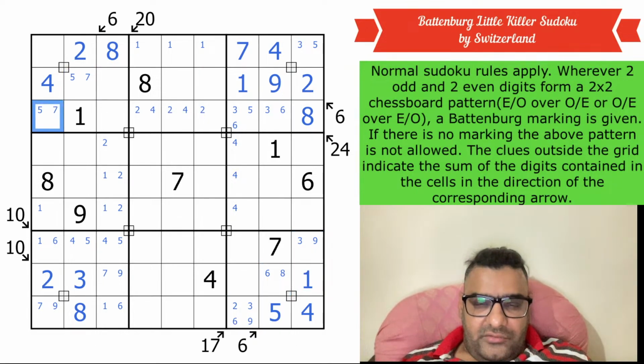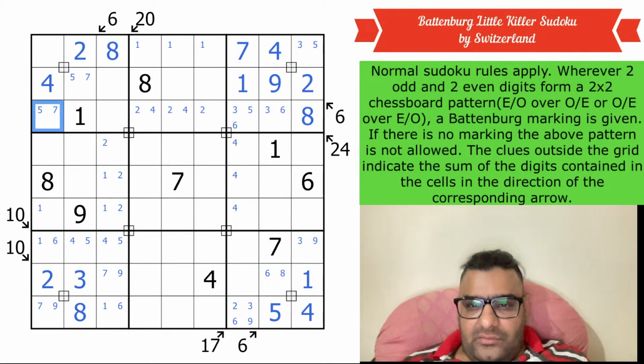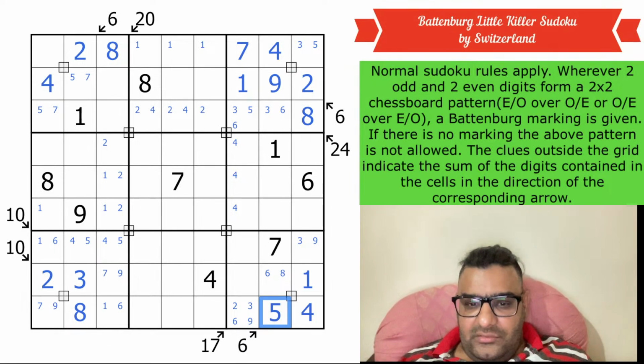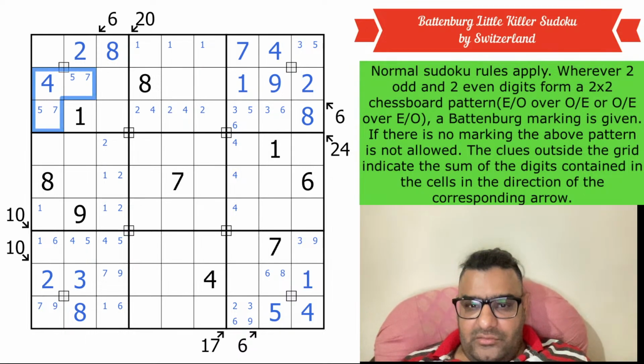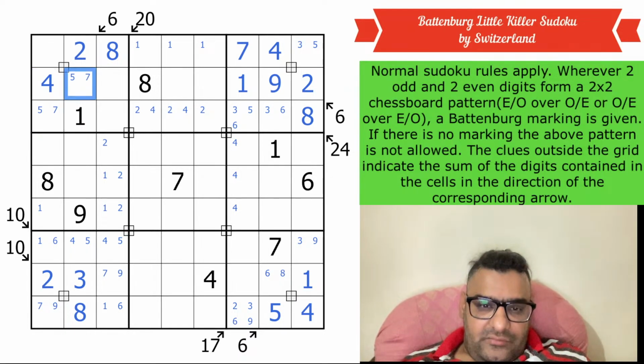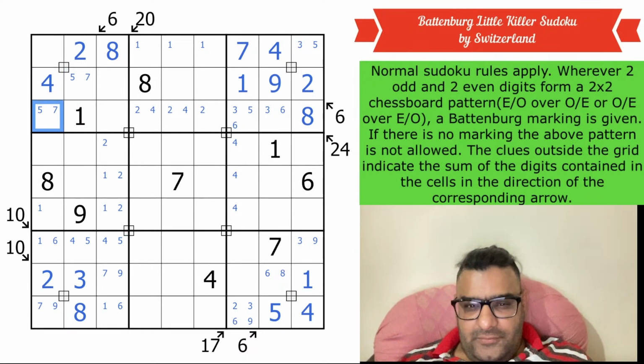5, 7, 5, 7. Do we have 7 there? What we have is 5, 1, we have only 1, 5. We already know 5 is there in one of these two. And because of that, 5 is one of these two.